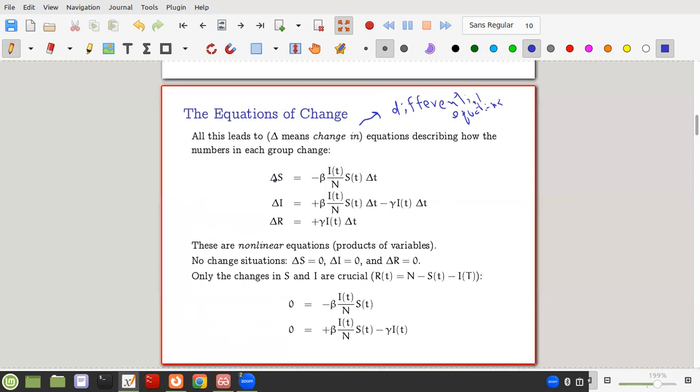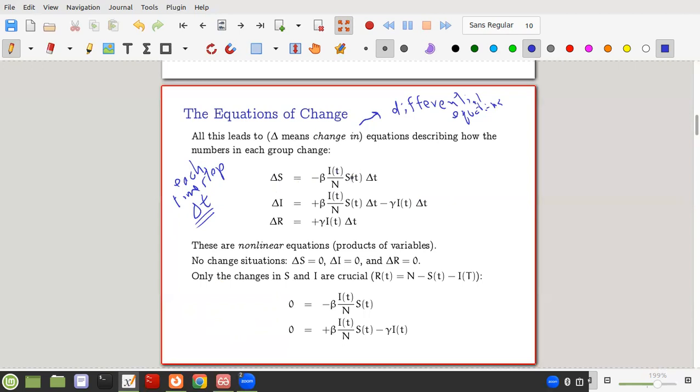But right now, each time step, which is delta t, delta means the change in time here, and the change in S. So we have a small change in time, and a small change in S. What this means is that this is the change in the susceptible people who aren't sick. It's negative because it's going to decrease, because people are going to get sick.